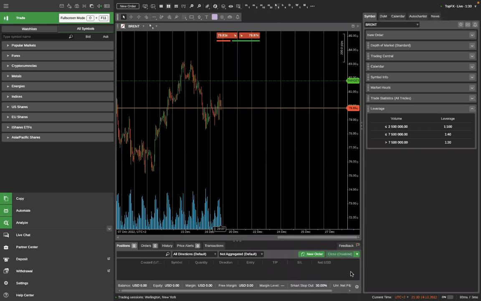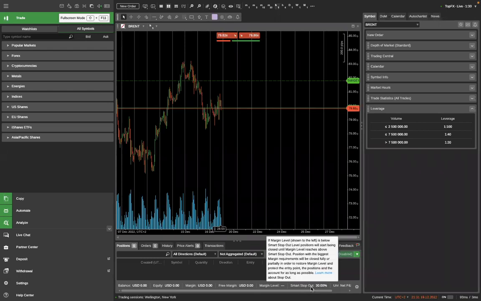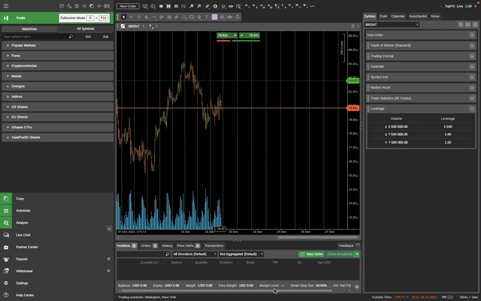If there is enough for the smart stop out, for example, to close the position by one micro lot, that might be enough. But please remember that in case of any other recalculations, in order to protect the entry point, the positions and the account, the smart stop out might close the biggest margin-taking position fully.